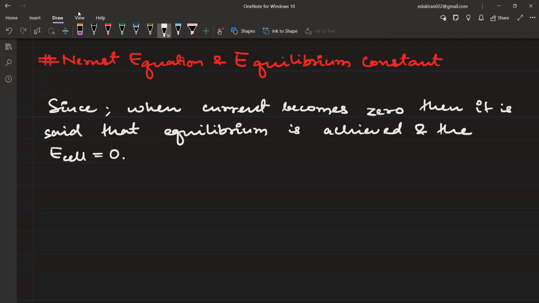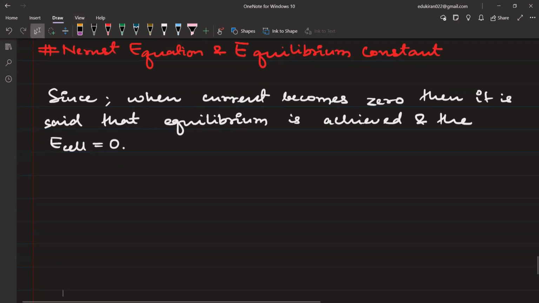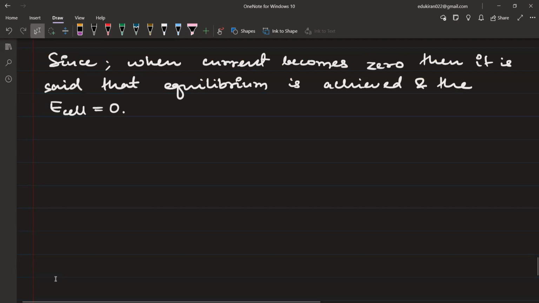E naught cell will never be 0 because E naught cell is measured under standard conditions. So E naught cell will not be 0. E cell will become 0. At that time, our cell will not draw any current.